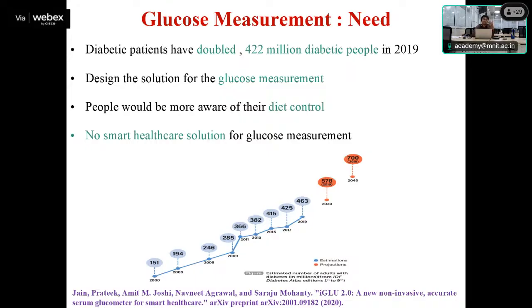Mostly, if I want to measure the body blood glucose value, I need to measure at least twice a day. First, the fasting value: in the early morning, without consuming any food item, whatever glucose is measured is the fasting blood glucose value. And after having lunch, after 1.5 hours or 2 hours, because whatever food item we consume is converted into glucose and absorbed into your blood.